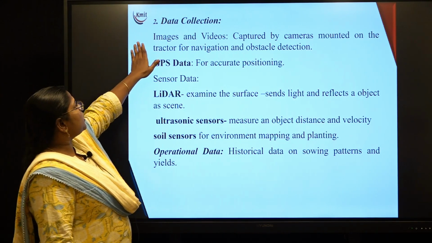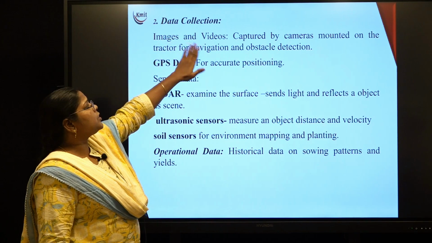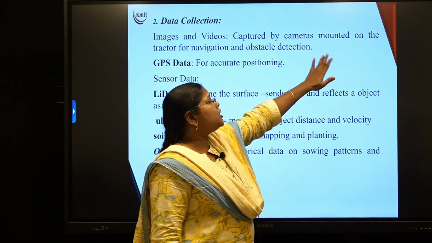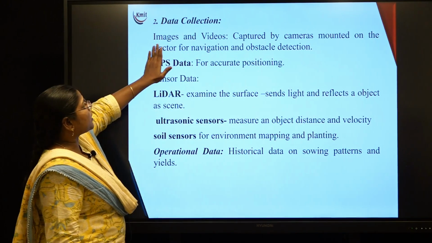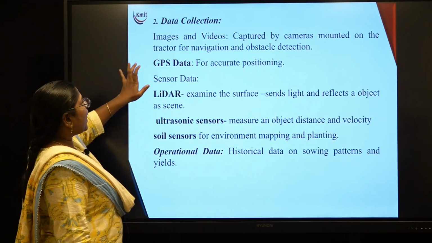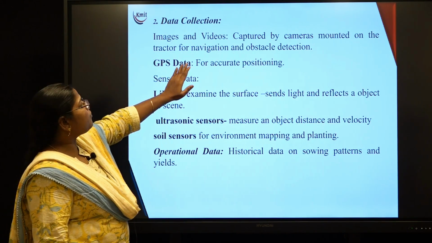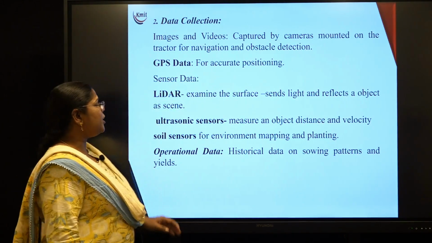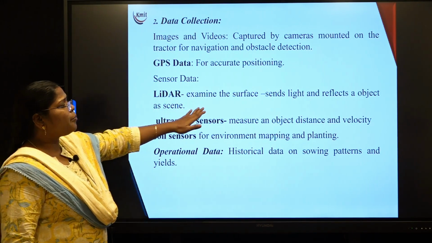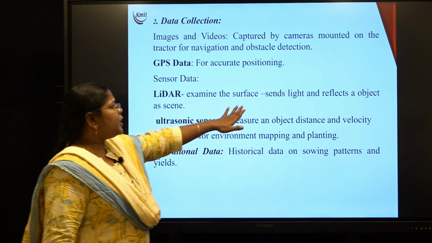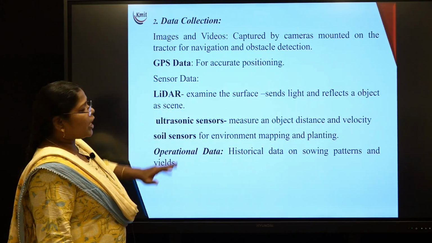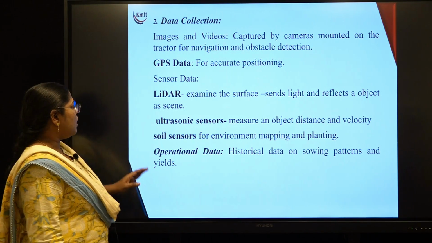First, we have to collect the images and the videos that can be captured by the vision sensors mounted on the tractor for navigation and obstacle detection, and GPS data for accurate positioning, and sensor data such as lidars to examine the surface. Lidar sends light that reflects off objects and captures the scene data.